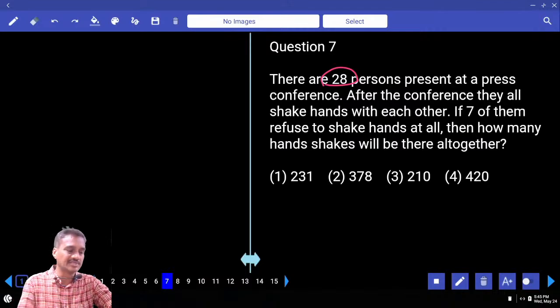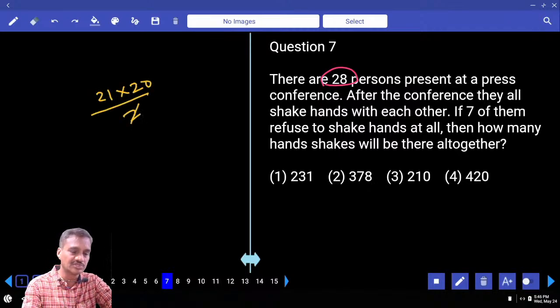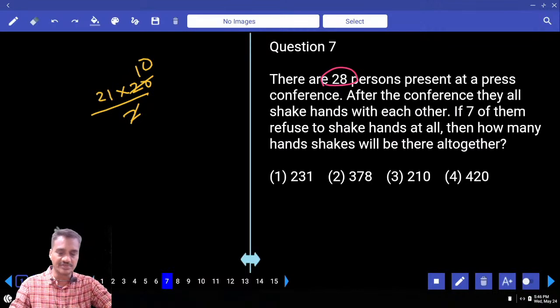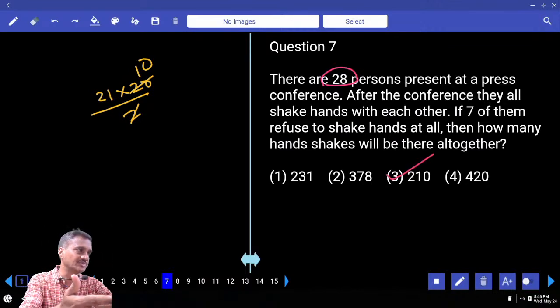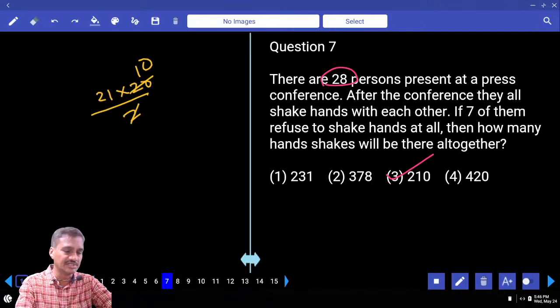Now 28 minus 7 is how much? 21. Now 21 into how much? 20. And divided by 2 is how much? 10. Now 21 into 10, 210. Clear? Because I am shaking hands with you, and in turn you are also shaking hands with me. And that is the reason we are dividing this by 2. Then 21 into 20 by 2.